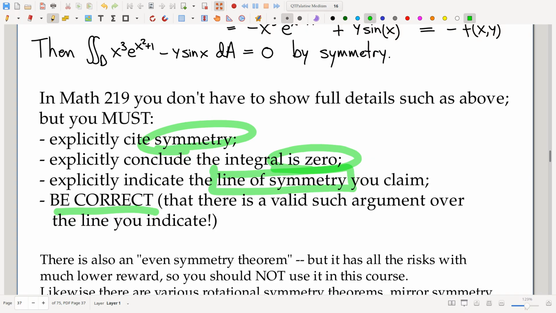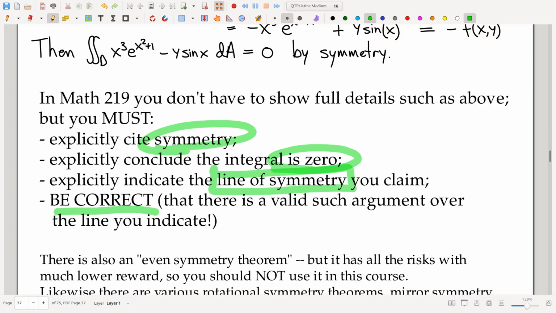But if the integrand isn't, this is not partial progress toward a solution. The integrand's not odd. There is no symmetry argument. This is partial progress towards a dead end. Does everybody see the problem there? It's not actually progress towards solving the problem. There is no symmetry argument to use.